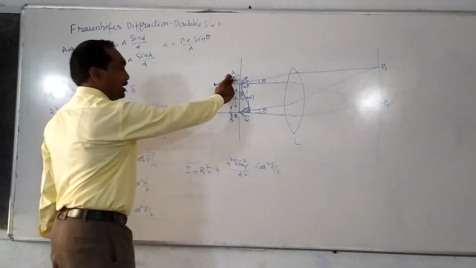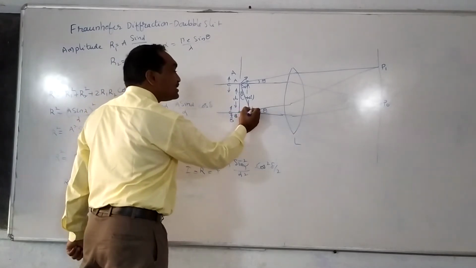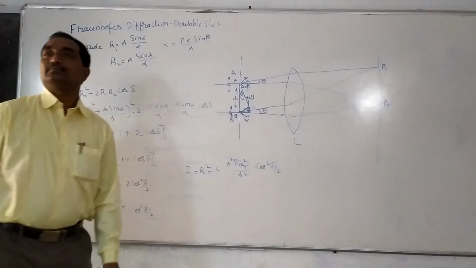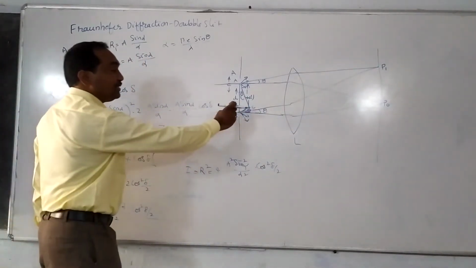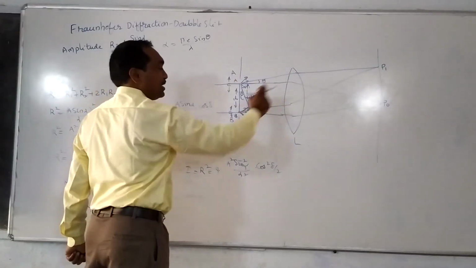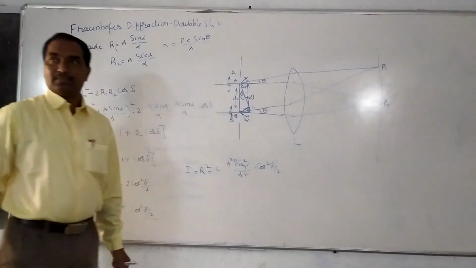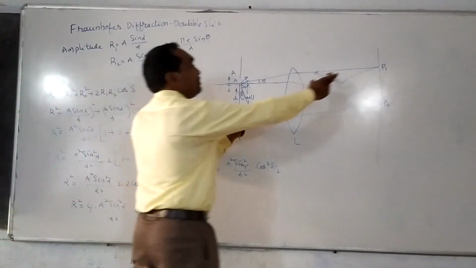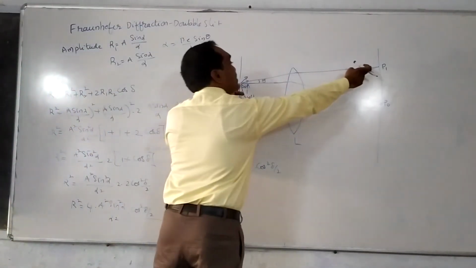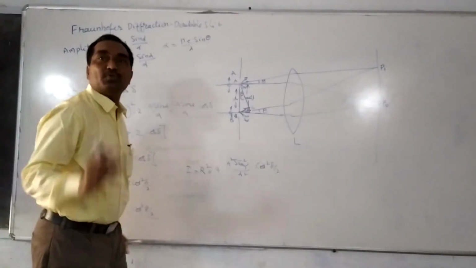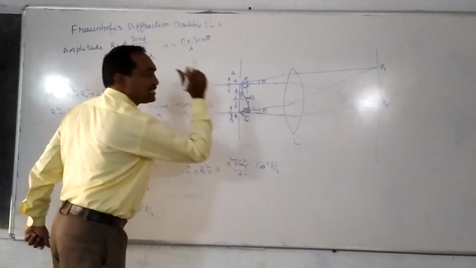Of course, this is A, this is B, and this is C. The path difference between these two rays, AP1 and BP1, is BC. Am I right? Because CP1 is really equivalent to AP1. So the only difference between the two paths is BC.